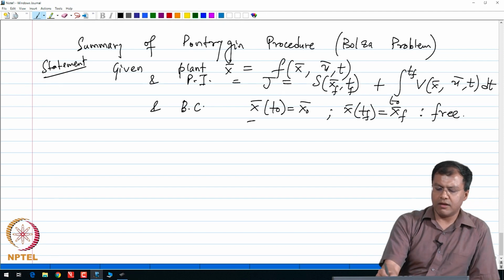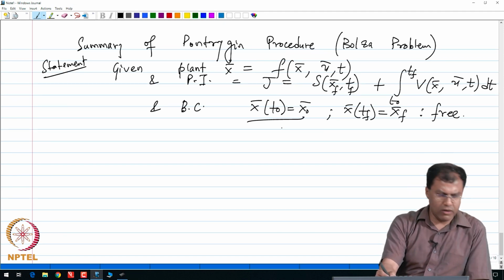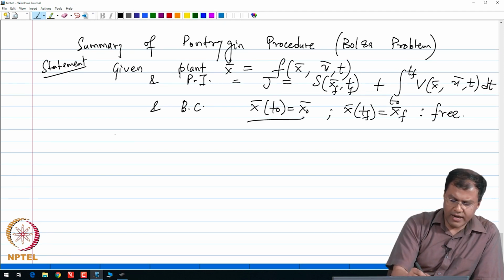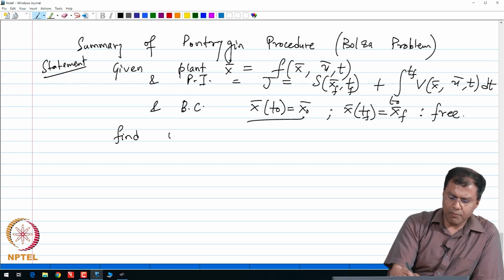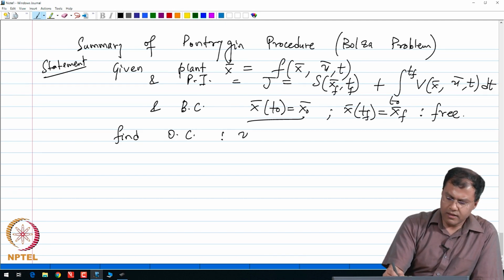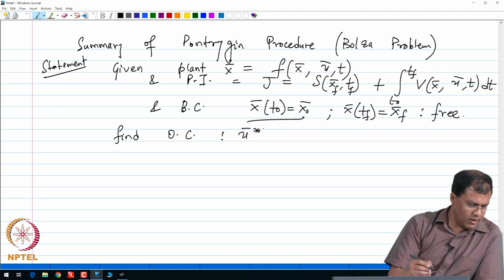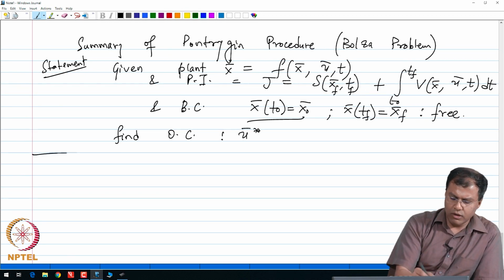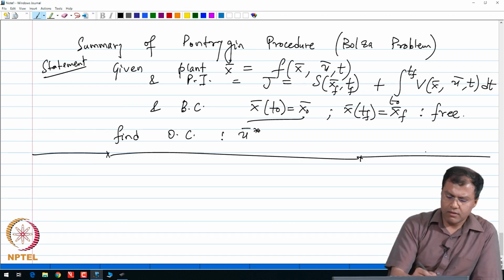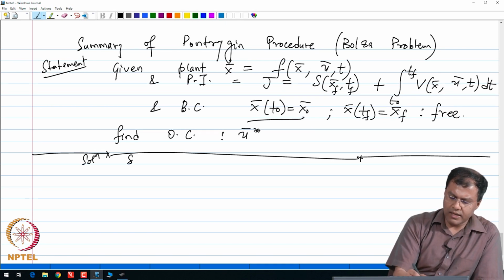Generally, we fix the initial boundary condition. We have to find the optimal control, which is given by u bar star. Okay. So, then the solution summary is as follows.